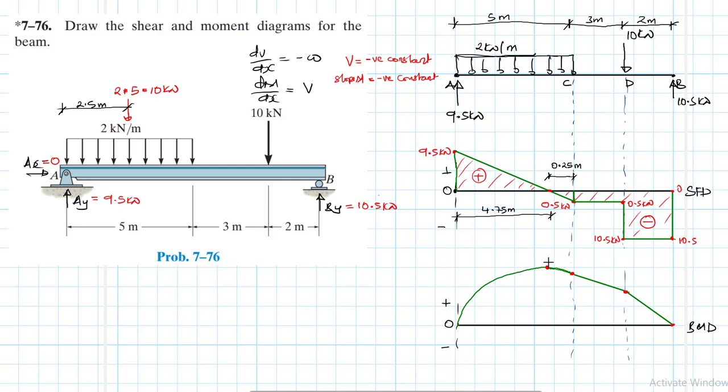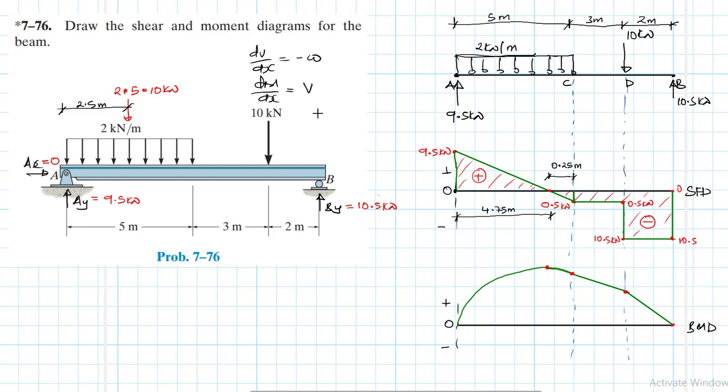Let's start with the maximum. So we are going to use this particular shear diagram. We know that the area under the shear diagram gives us the moment, so let's use that one.